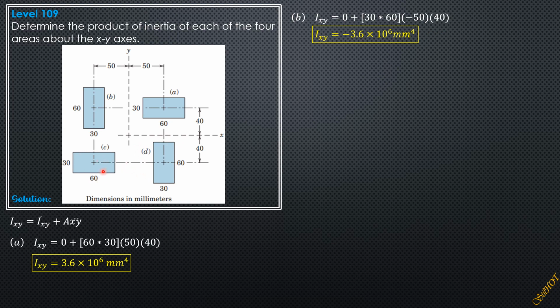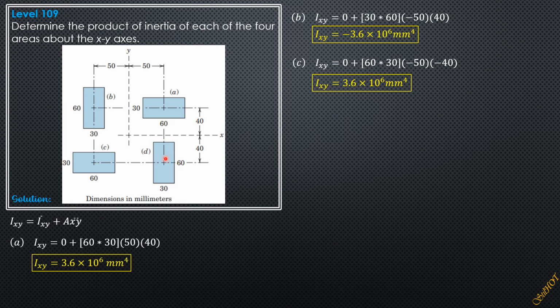For this orientation, Ixy equals, with respect to the centroidal axis, 0, plus area 60 times 30, x bar is negative 50, y bar is negative 40, below this point. So Ixy equals 3.6 times 10 to the 6 mm to the fourth.